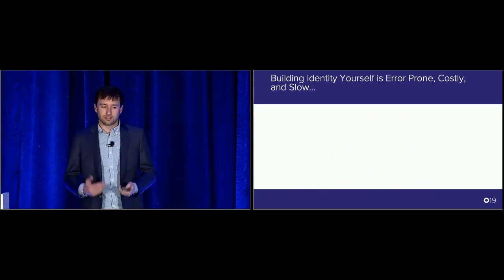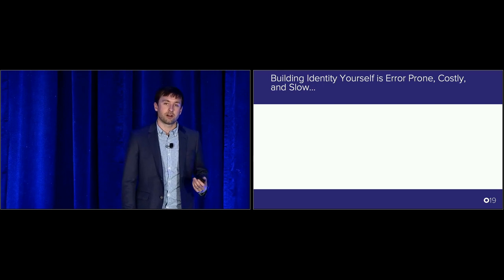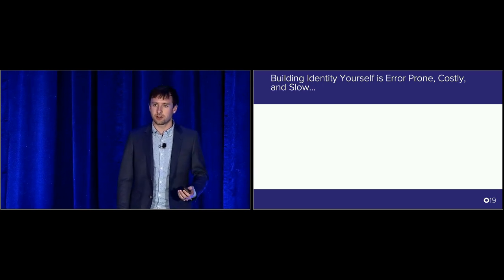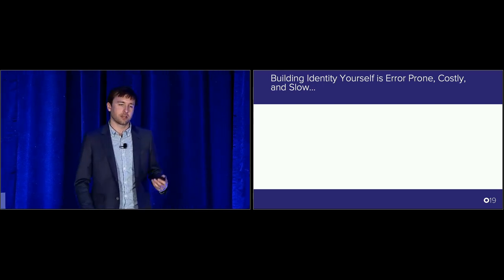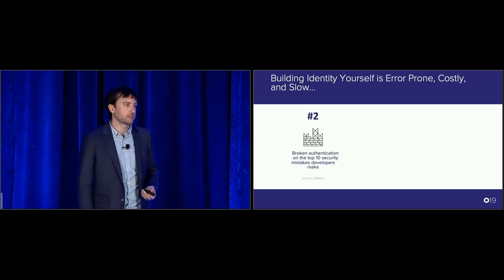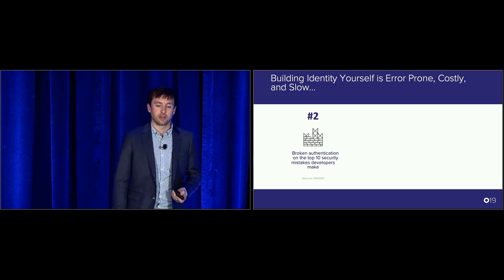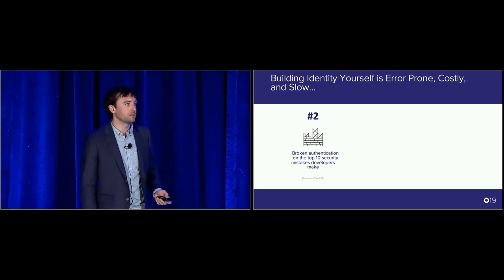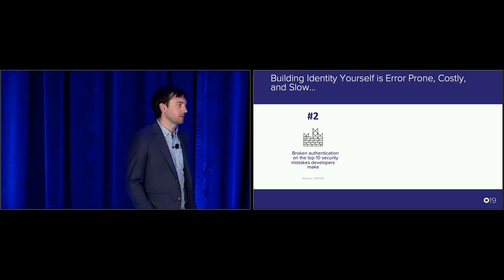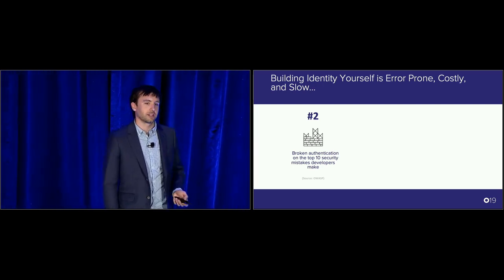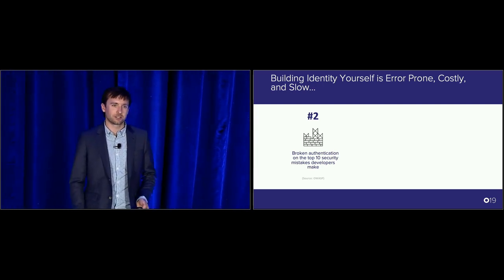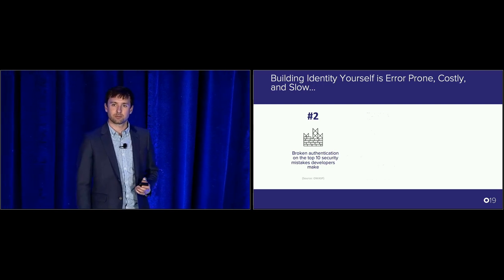What we learned along the way is that building identity yourself can be error-prone, costly, and slow. Many of our customers are comparing using Okta against building identity in-house. And what we've seen through the research that we've done and through external sources is there are a lot of issues with that. First of all, it's error-prone. The number 2 issue on the OWASP top 10 of security mistakes is broken authentication. When you have broken authentication, that's a pretty big problem for people accessing your app.